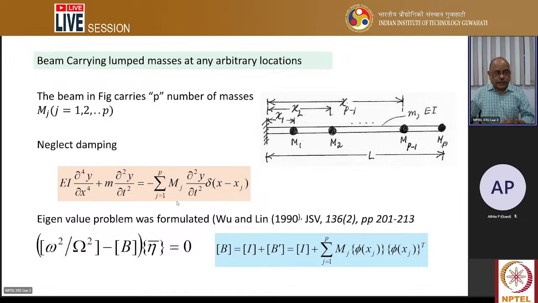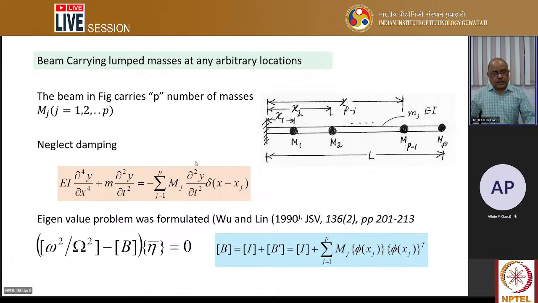Now you can see this term is nothing but the inertia force. So the effect of the concentrated mass can be treated as an inertial reaction in the beam. If it is transferred to the right hand side, it represents the forced vibration equation of the beam.